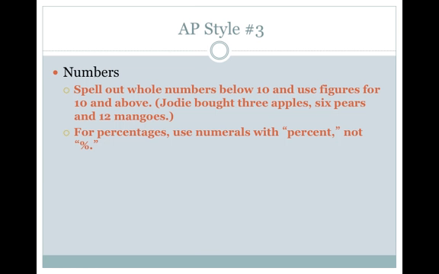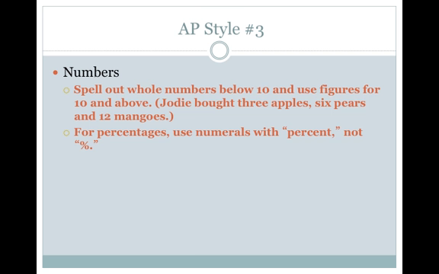Numbers, lots of rules about numbers. You're going to use your AP style book frequently when using numbers and trying to figure out how to use them appropriately. So typically in AP style for print, we spell out whole numbers below 10 and use figures for 10 and above.